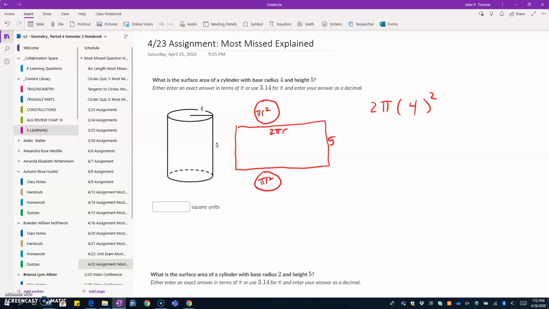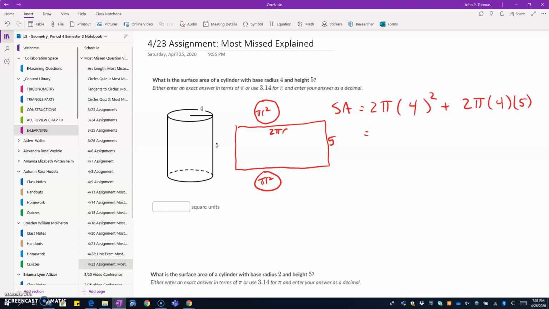So what we end up with is a formula where, for that piece, it's 2 pi times r and then times h. Those two components make up the surface area for a cylinder. In this one, 2 pi, my r we already determined was 4, and my h is 5, so I drop that in.